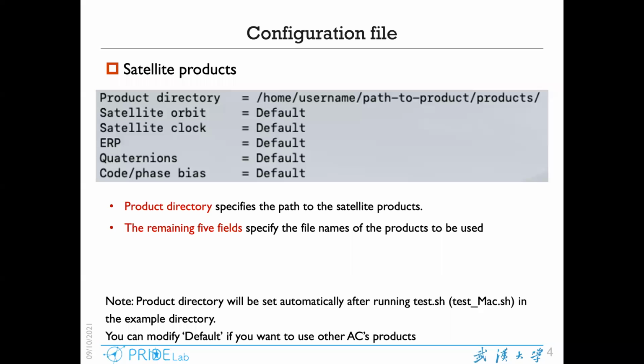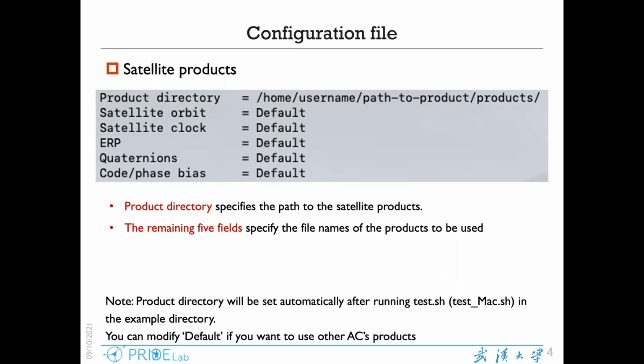So here we need to pay attention to this part. Normally, if you don't want to use some other AC software products, then you don't need to worry about this field either, and the script will deal with the product downloading itself. It will download the product from Wuhan University to enable your precise point positioning processing.